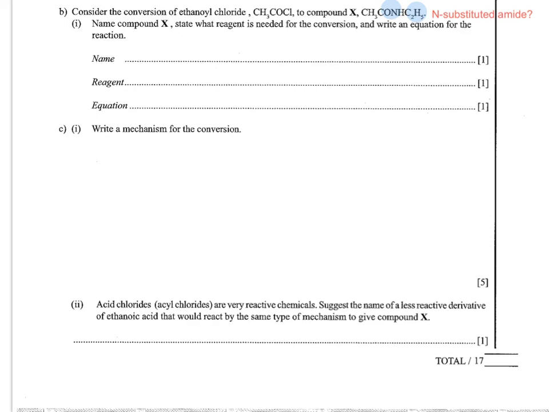Maybe. We'll have a look. It says name compound X, state what reagent is needed for the conversion, and write an equation for the reaction. So if it's an N-substituted amide, we need to actually name it. So I've taken the liberty of drawing out the structure a little bit so you can try and work out what its likely name might be, and it happens to be N-ethyl ethanamide.